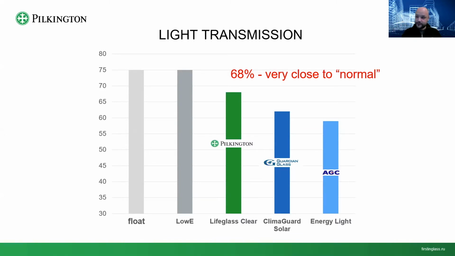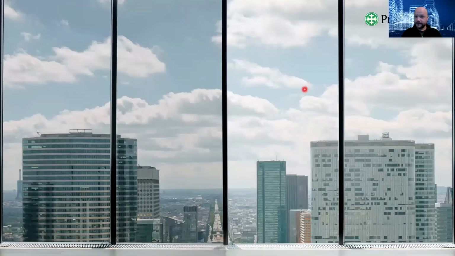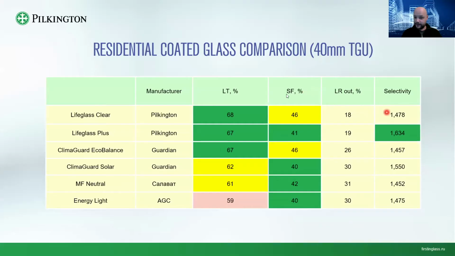In comparison to similar products of AGC and Guardian, for example, Life Glass offers more light transmission and at the same time, as we will see right here, a very low solar factor.